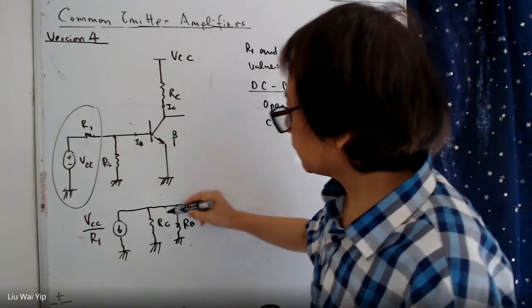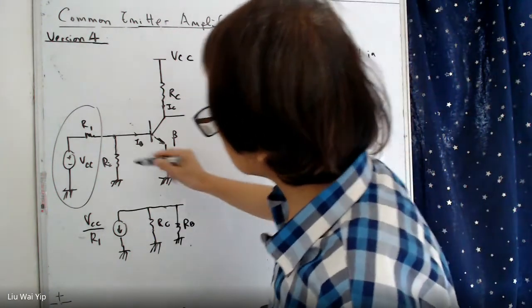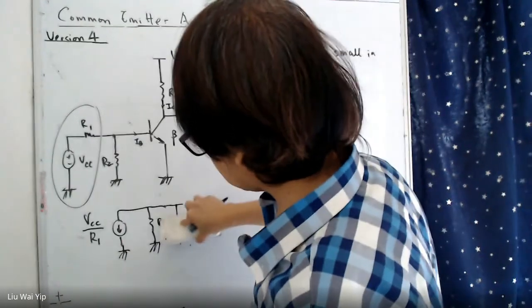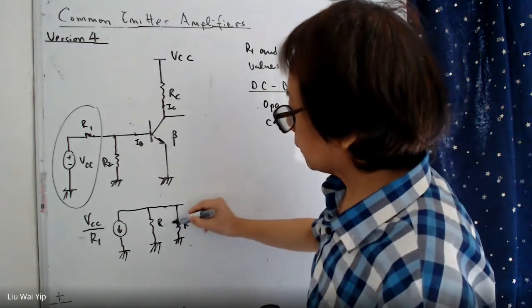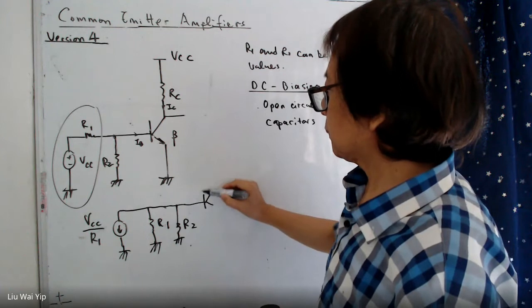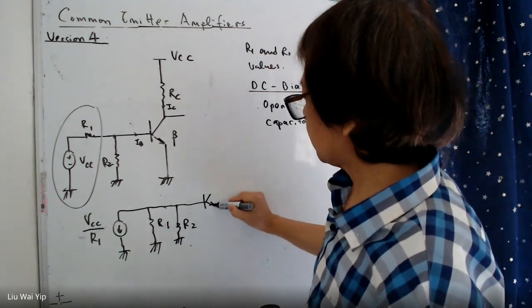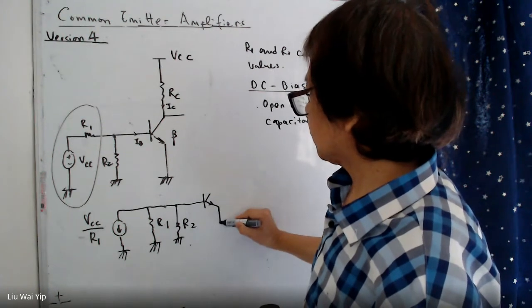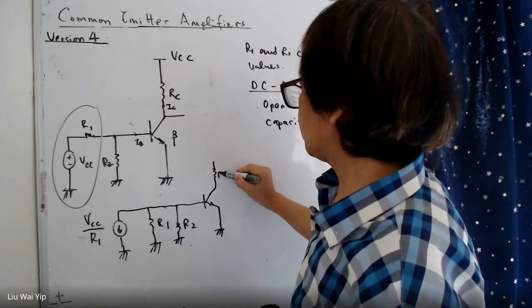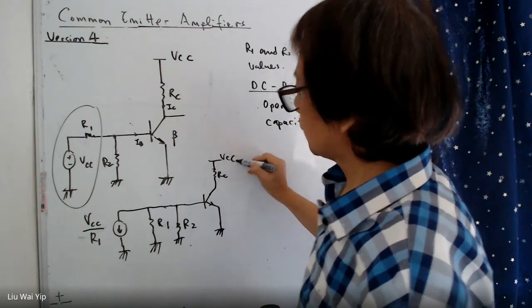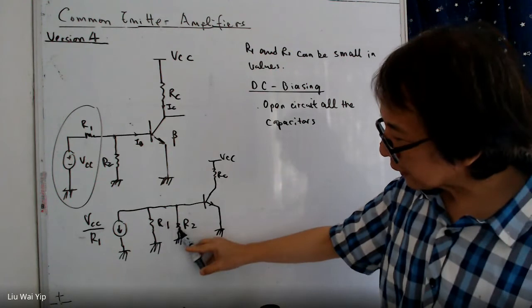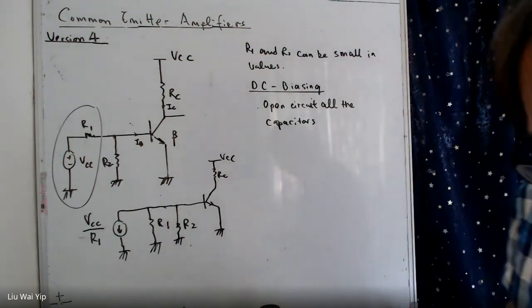R2, sorry, R2 this, R1 and R2. And you have two resistors connected in parallel.